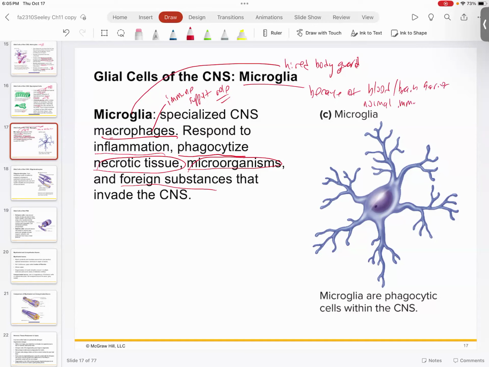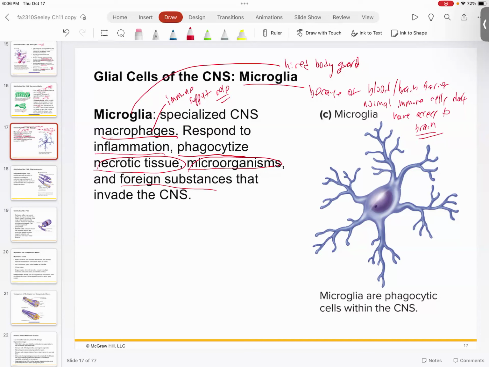Normal immune cells don't have access to the brain or your neural tissue because they're in the blood. They have to get out of the blood and into the tissues to do their controlling, and since they can't cross the blood-brain barrier, they're kind of trapped. That basically means your nervous tissue is vulnerable to potential attack.